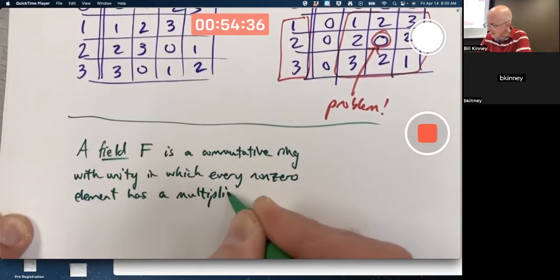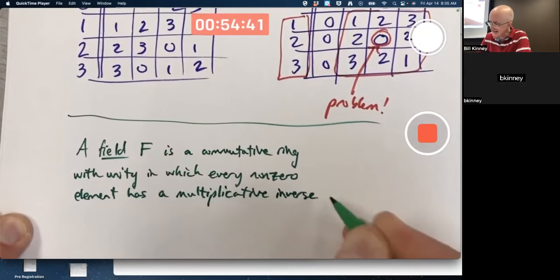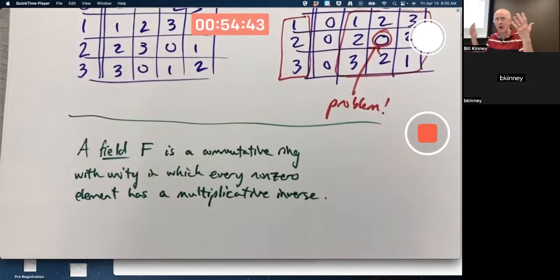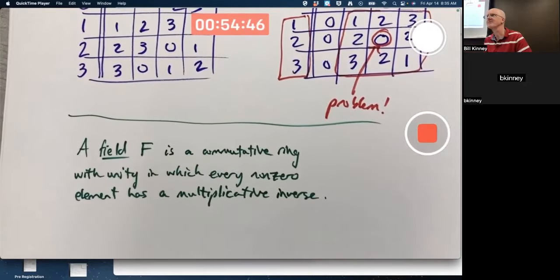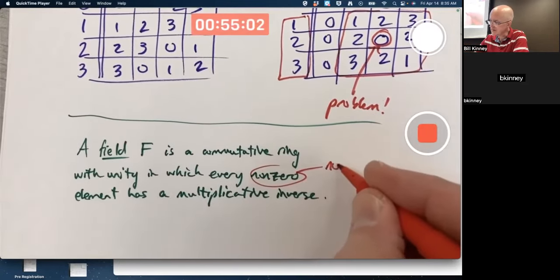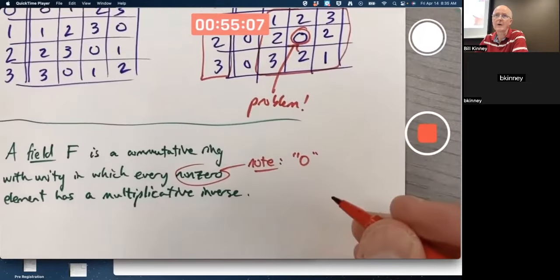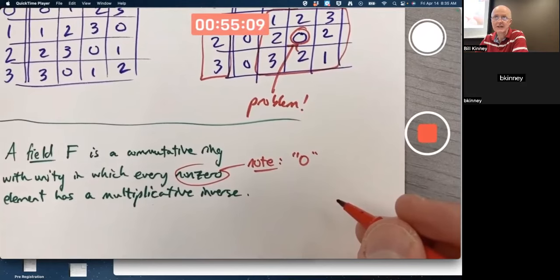Now, in writing this in the way that I'm doing, I'm also assuming that F has a 0, because I said every non-zero element. Why can I assume that? Well, the reason is because 0 is always the label for the additive identity of any ring. Note 0 always exists in a ring by definition.